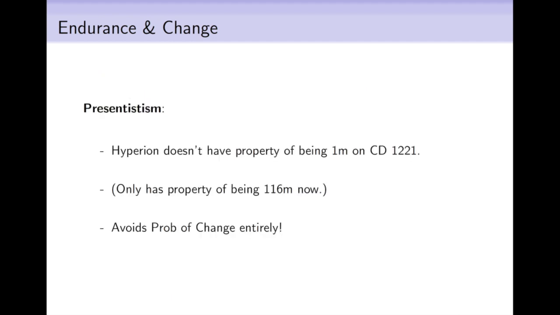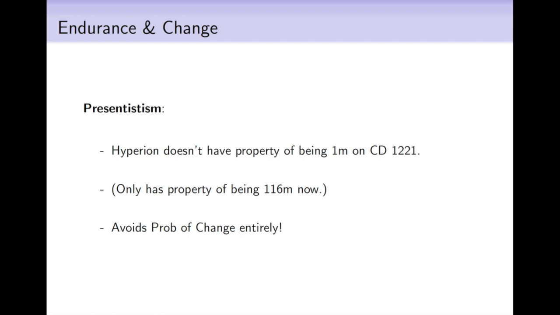So there's a sense in which this view avoids the problem of change entirely, because the problem was that, well, how do we reconcile Hyperion having had the property of being 1 meter tall with the idea that it's 116 meters tall?